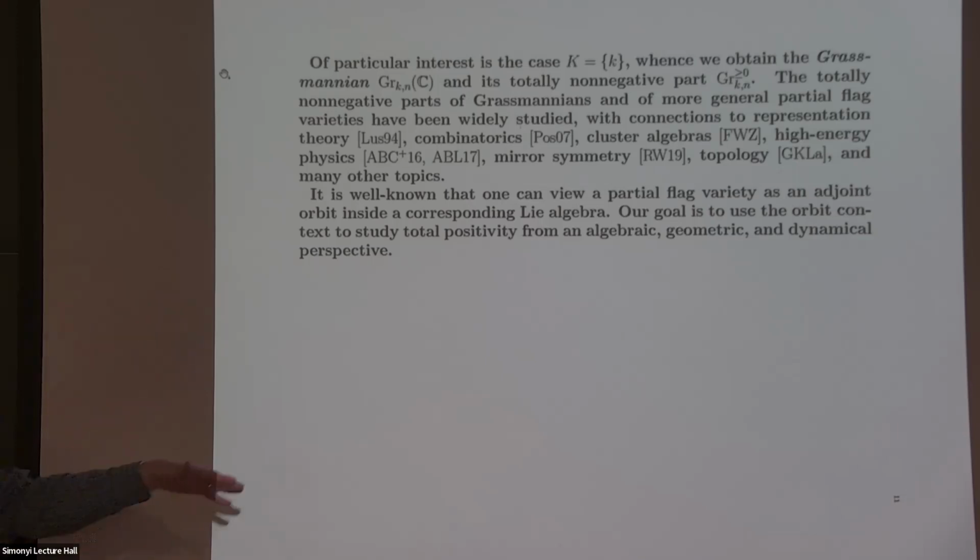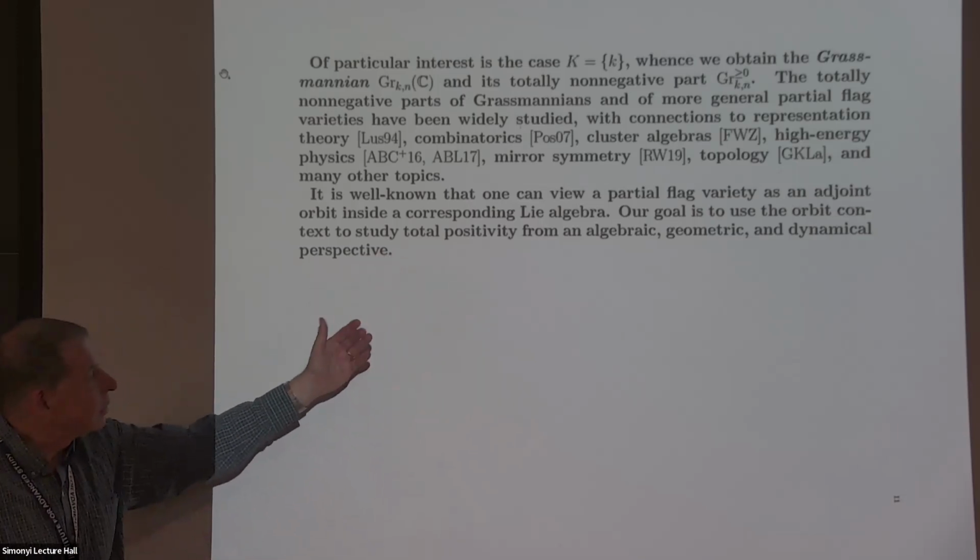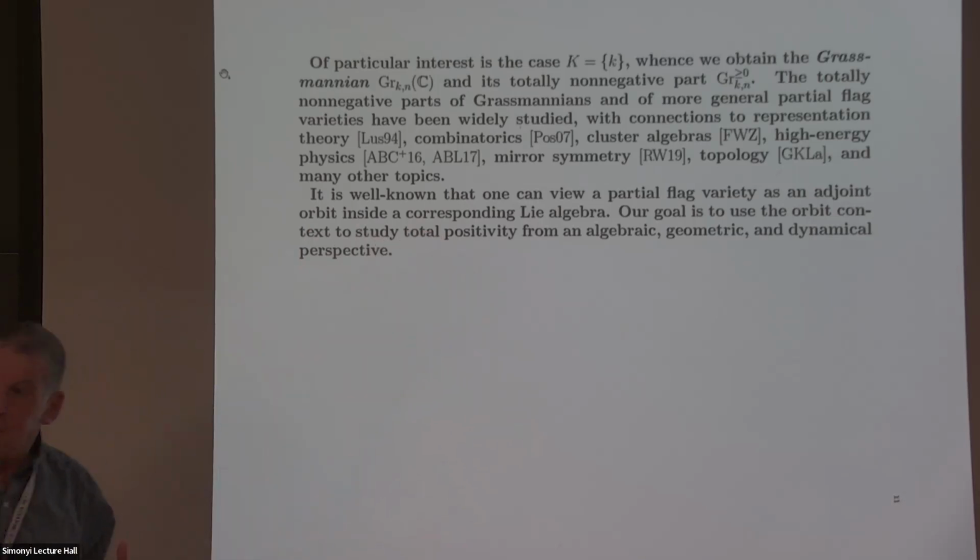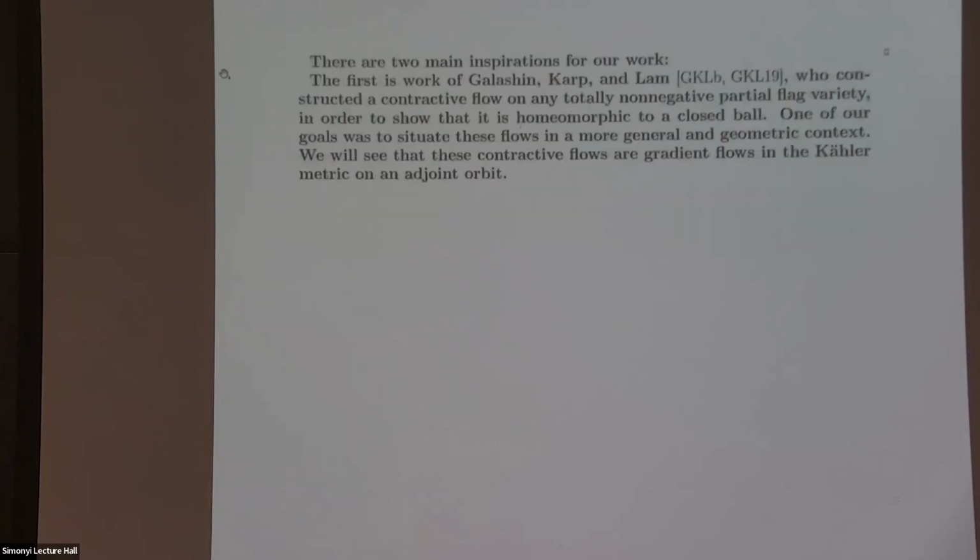So you can view it as nested subspaces, or by conjugating a certain kind of diagonal matrix, which is the dynamical picture that's useful to have in mind. And you can relate this to dynamics and the Toda lattice in the way I just showed you. And so the work here that I want to talk about is related both to the dynamics and to this total positivity. The first piece of it is related to some earlier work that Stephen did with Galashin and Lam.